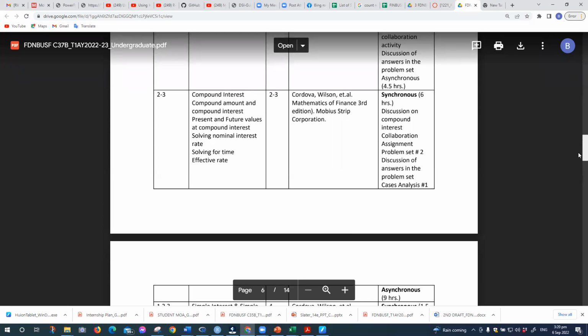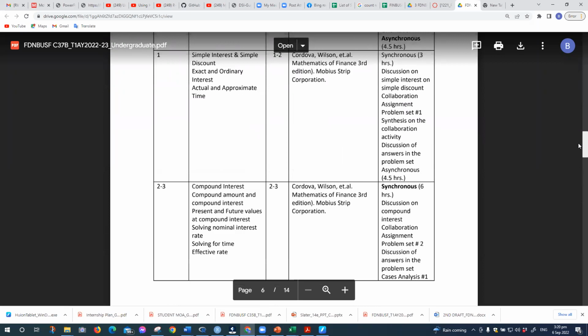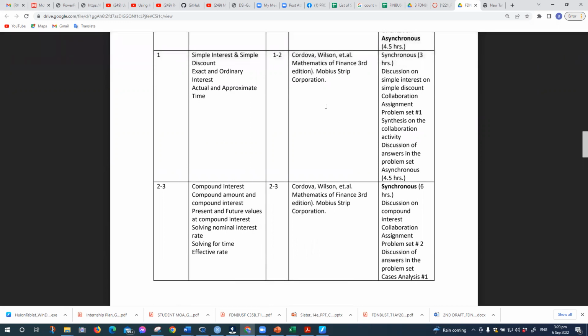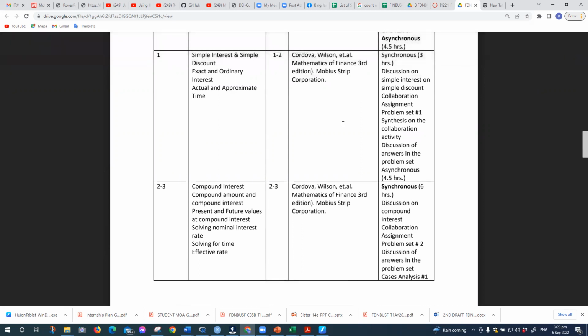Now, ang prescribed na book is ito. Si Cordova Wilson, but it's medyo Philippine edition, Philippine textbook. Hindi naman siya required. If you can have a copy, then okay. If not, marami namang sources dito.